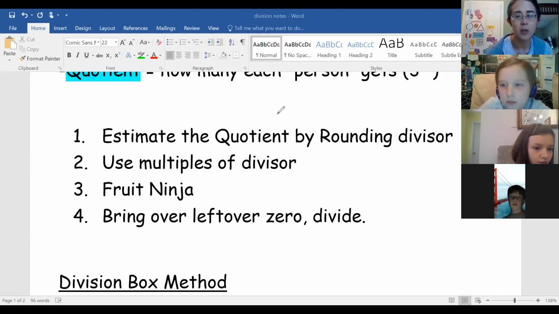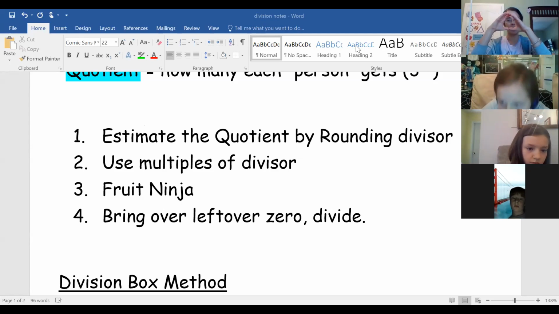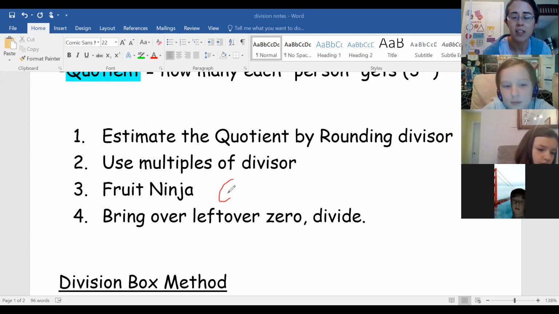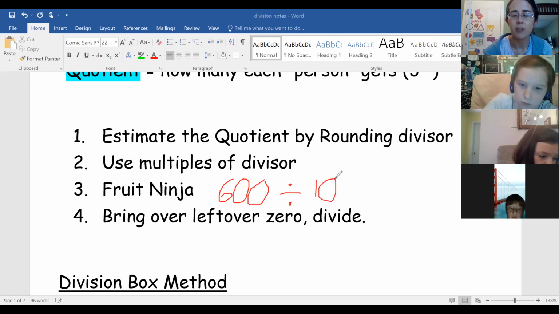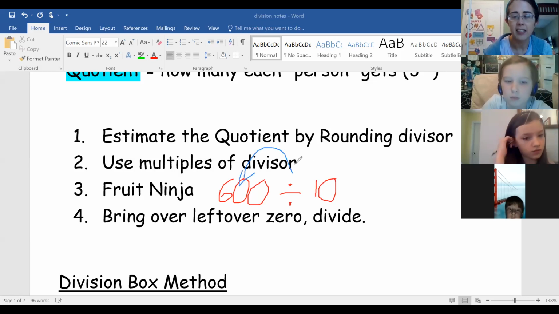I don't know if you guys have noticed this, but zeros sort of look like a piece of fruit. Like imagine a watermelon, since watermelons are round. Now Fruit Ninja is very fair, and so he looks at both sides instead of just only looking at one side. So in this Fruit Ninja, since he's very fair, he looks at both sides of the dividing symbol.